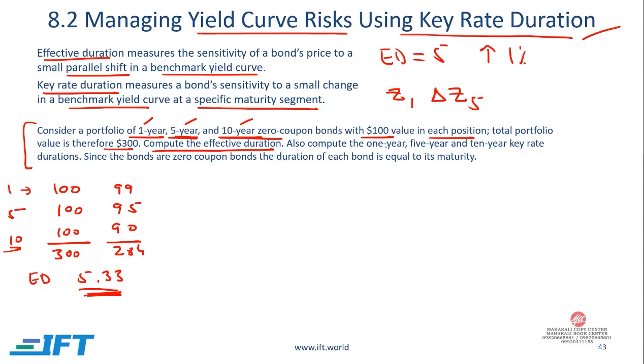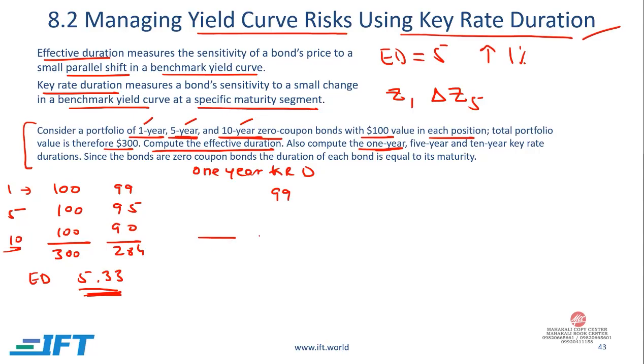Now let's compute the 1-year key rate duration. So we are computing the 1-year key rate duration. The assumption now will be that only the 1-year rate is changing and the other rates are not changing. So now the question will be, what's the value of the portfolio if only the 1-year rate goes up by 1%? So what will happen to the value of the 1-year bond? That will go from 100 to 99.